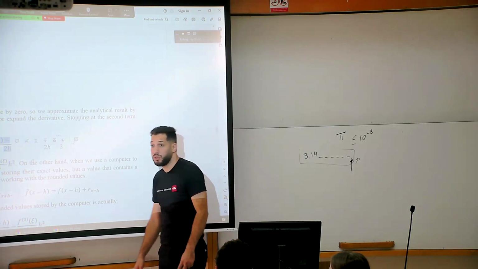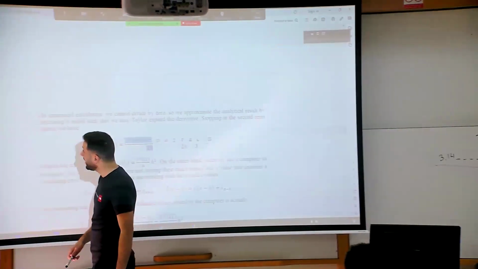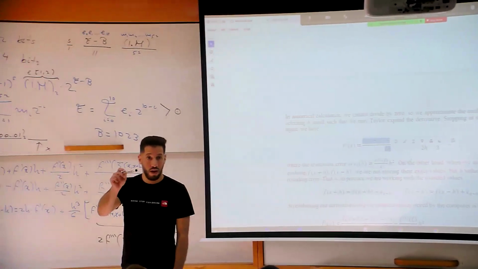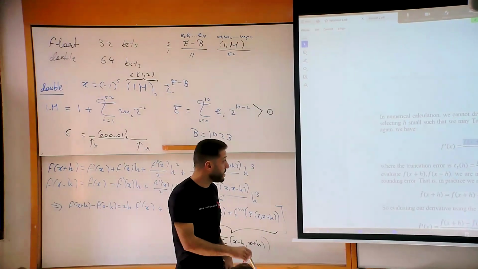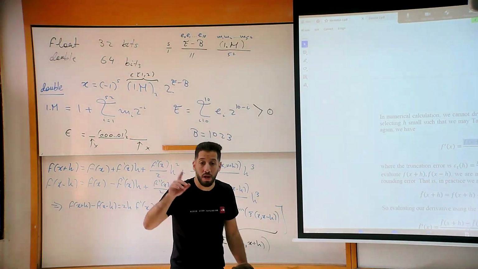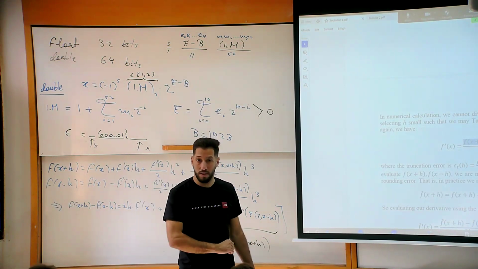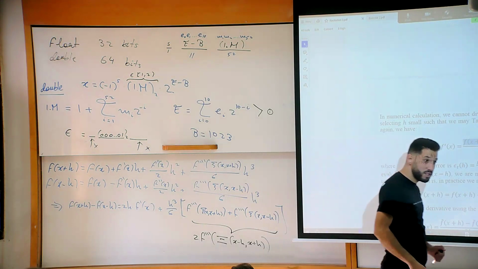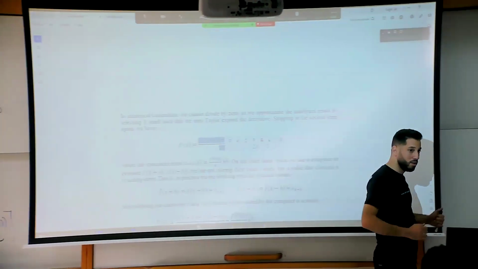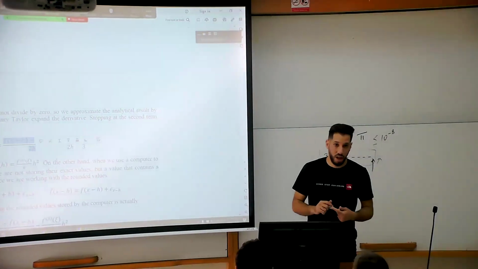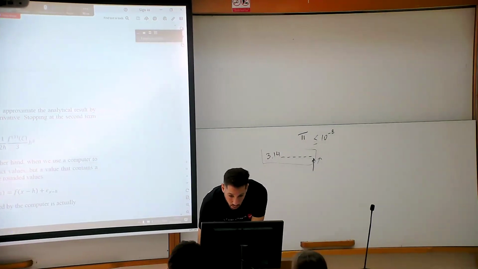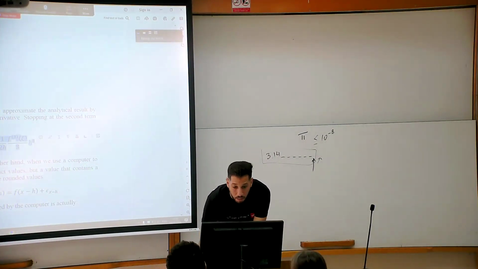When the computer wants to calculate, it saves or stores f of x plus h. Let's assume that it knows how to calculate f itself. But when it wants to store it, we again have the round-off error. So we have the truncation error here, but we also have the round-off error.